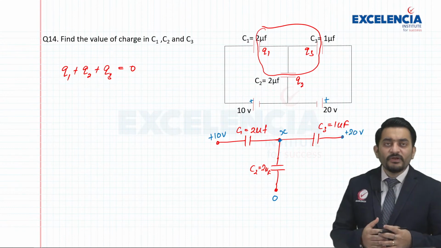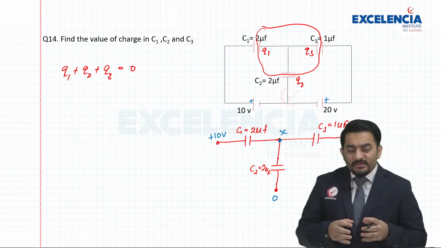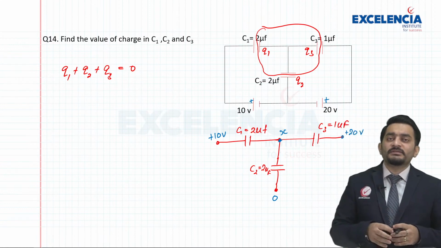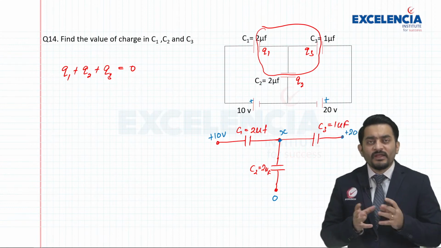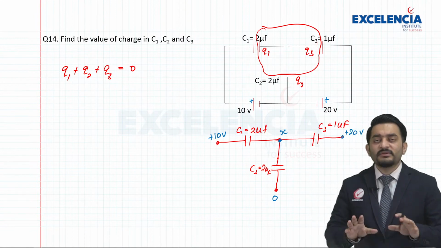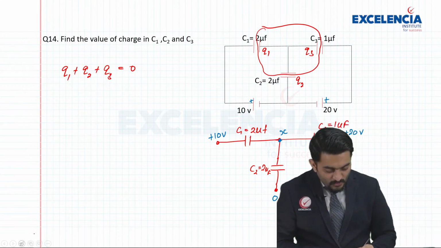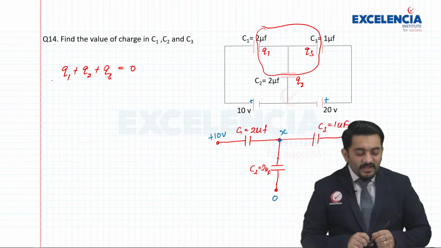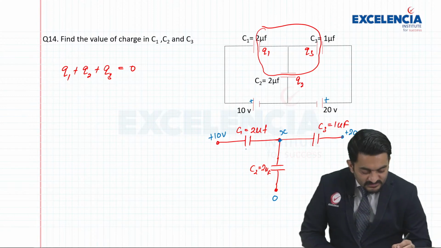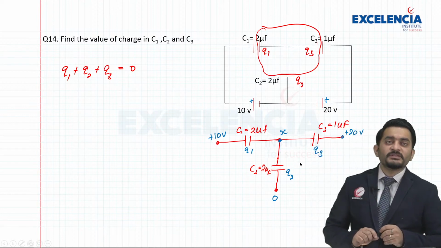Now after that, our aim is to calculate the charge. Let me tell you, if you practice this technique 2, 3, 4, 5 times, you will be completely perfect in it, and you can use it in any given case in the exam. Okay. Now Q1 is the charge present over here, Q2 is the charge present over here, and Q3 is the charge present on my third plate.